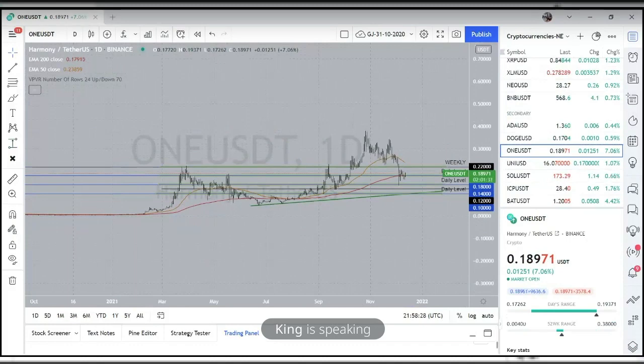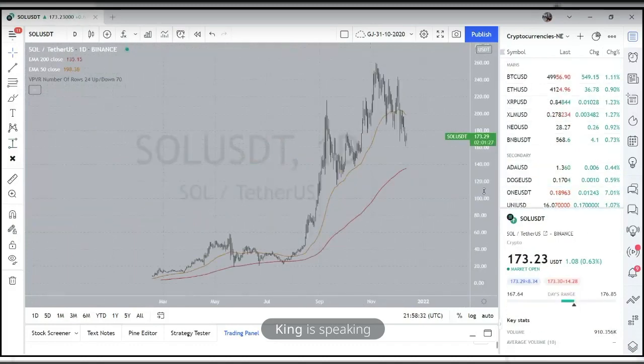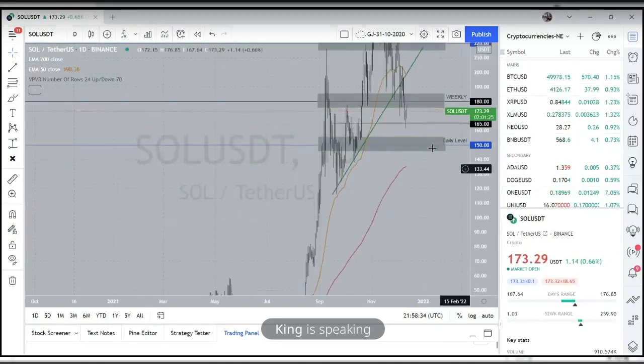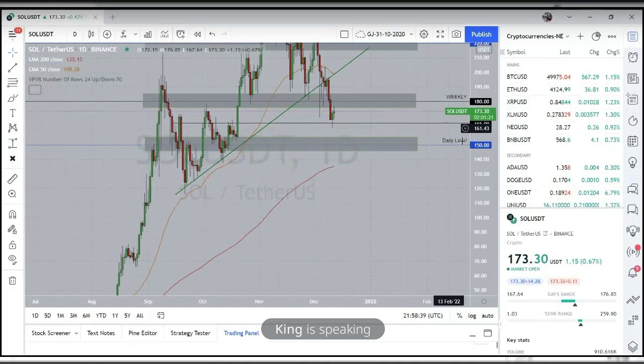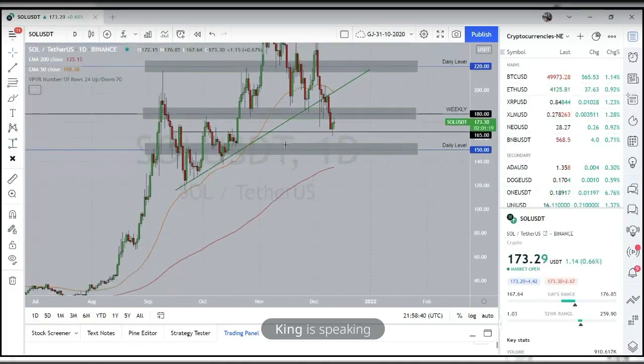We have Solana. I think it hit 150, didn't it? 160, somewhere around 165. I think I actually did short it from somewhere around 200, from when this broke. Or it was the trend line that broke, one of these two, but I didn't actually hold to 165. I think I got out around 180.